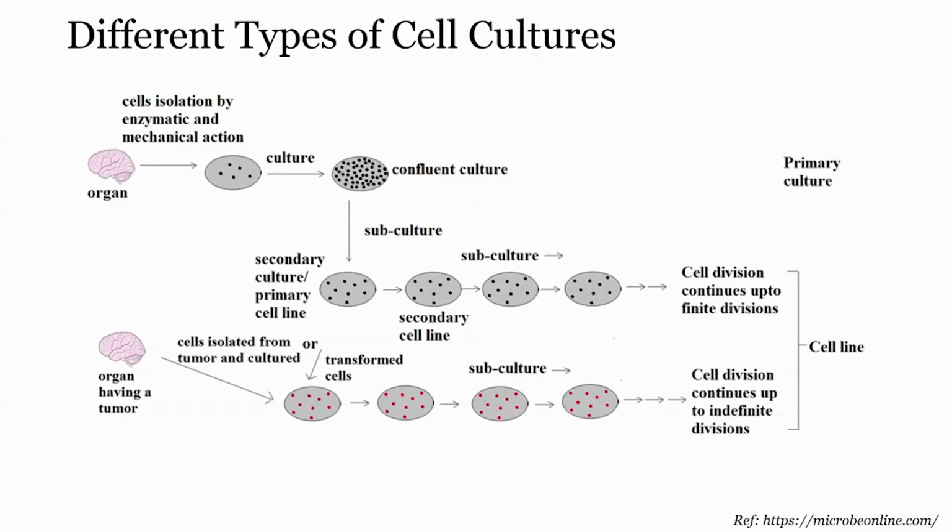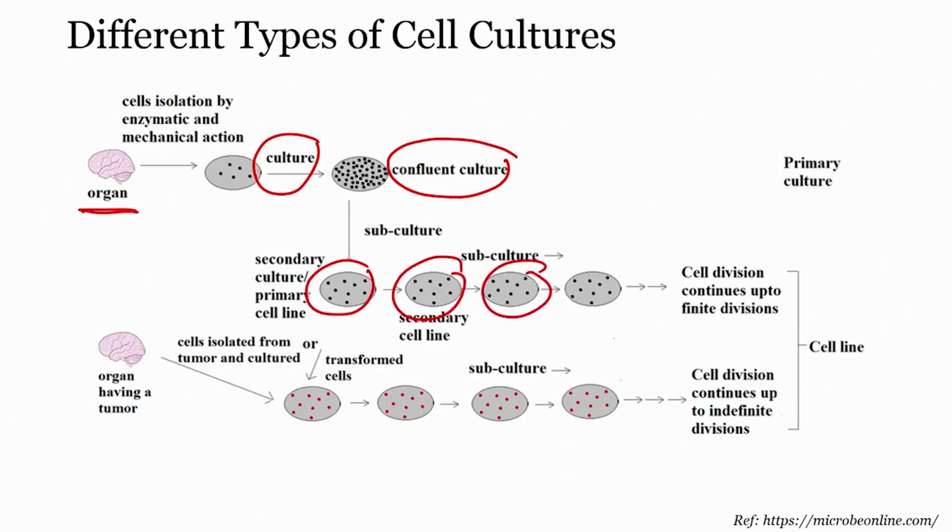You see here, first one, organ. Cell isolation by enzymatic or mechanical action, it is cultured and a confluent culture is ready. Once the confluent culture is ready, the secondary culture or secondary line, a subculture, is formed, right. Cell division continues up to finite divisions.